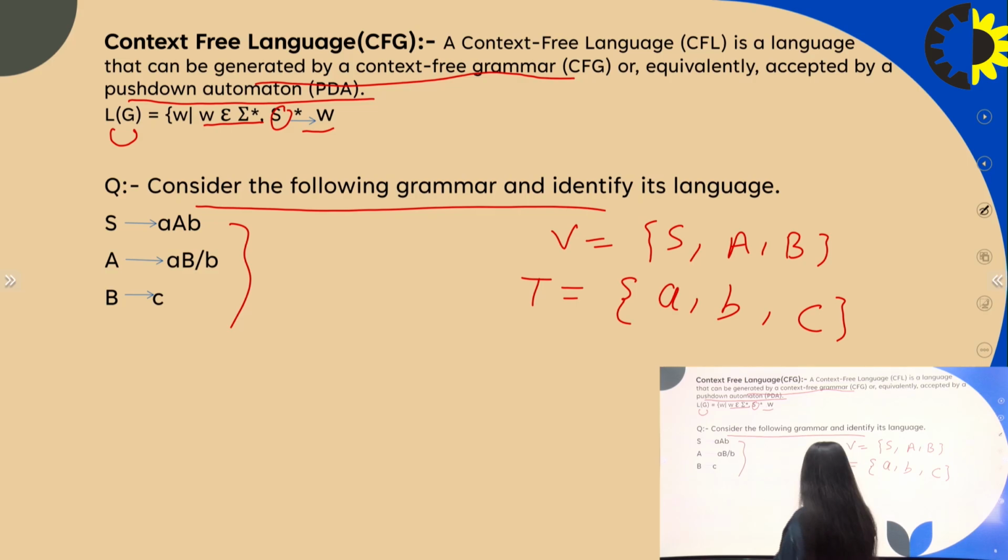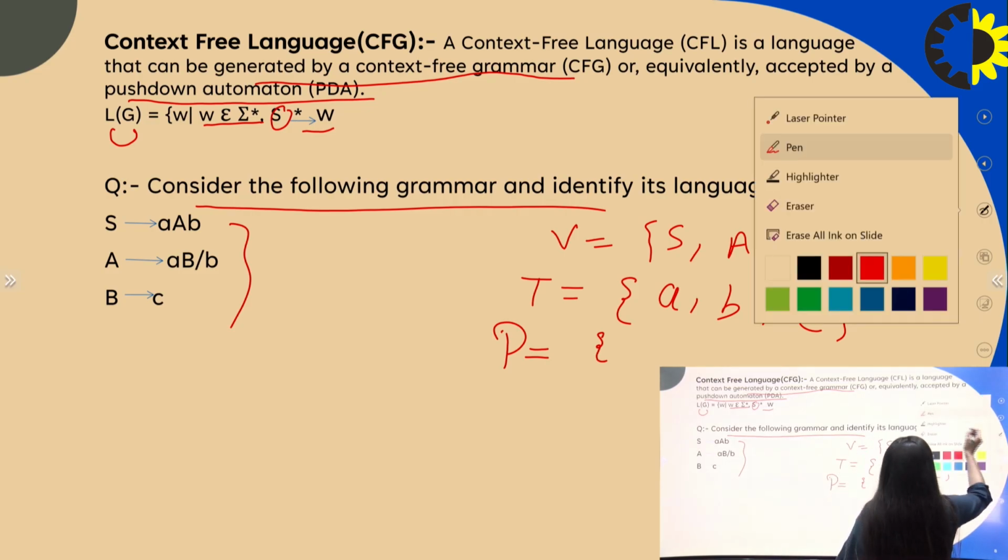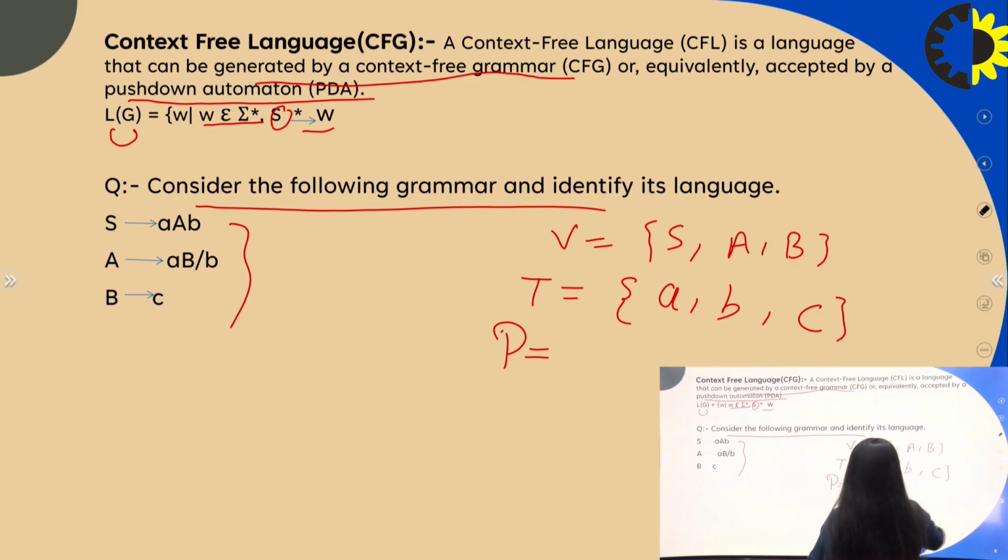How many productions are in this grammar? The first production is S produces small a, capital A, small b. A produces two productions, small a, b.